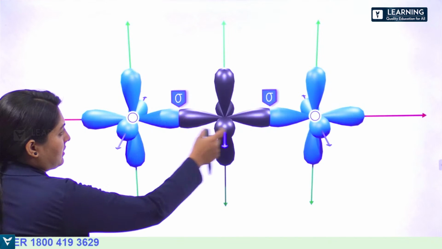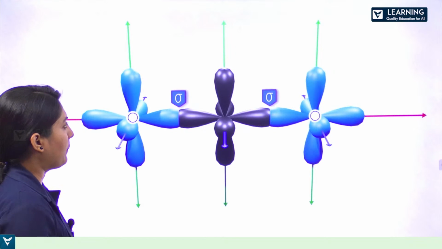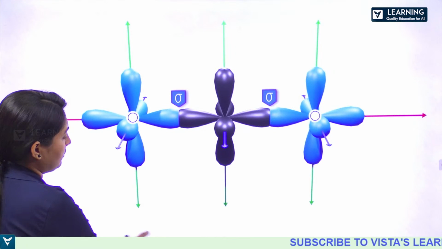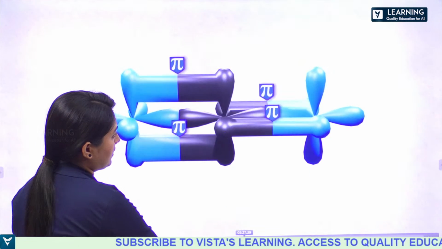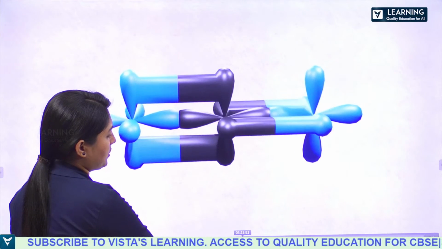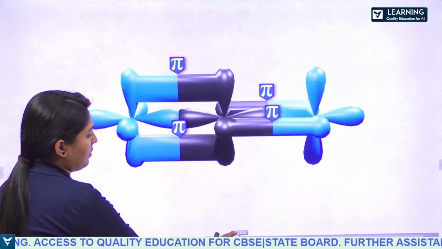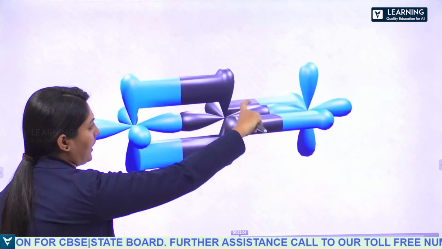You can see this is the sigma bond going ahead with head-on overlapping. So this is the head-on, and then the pi bonds are formed, one pi bond and another pi bond.